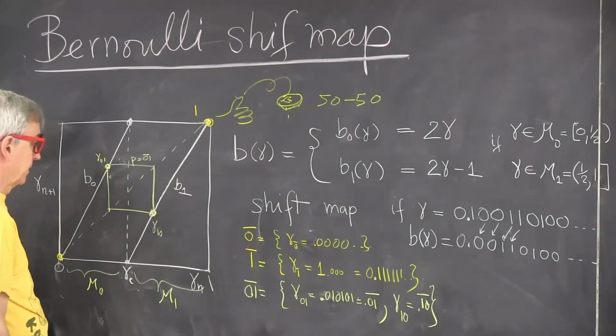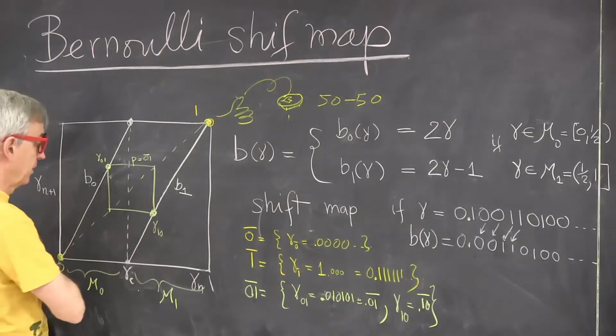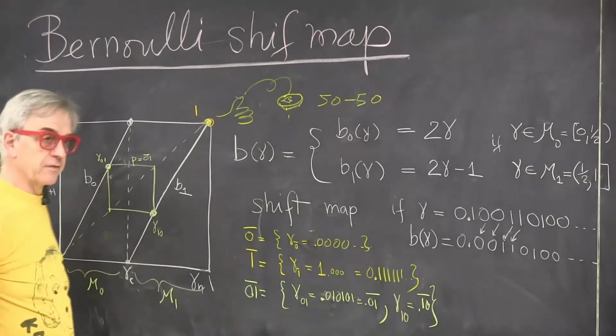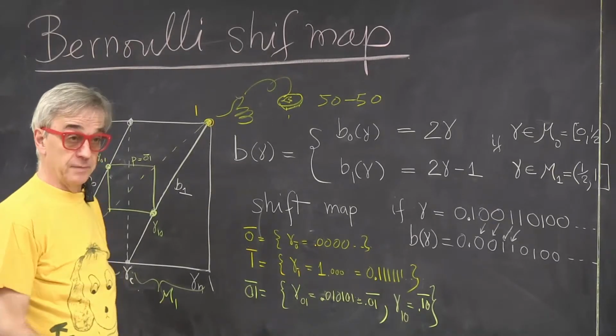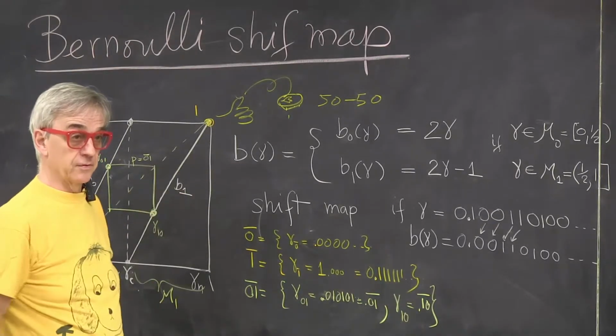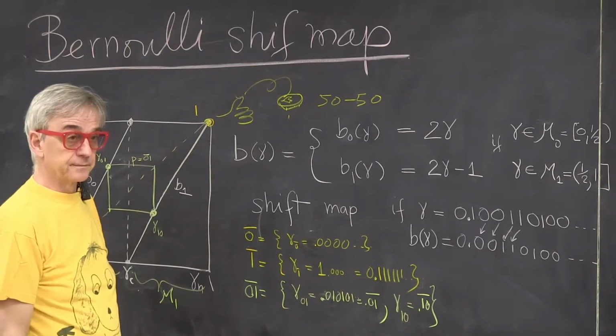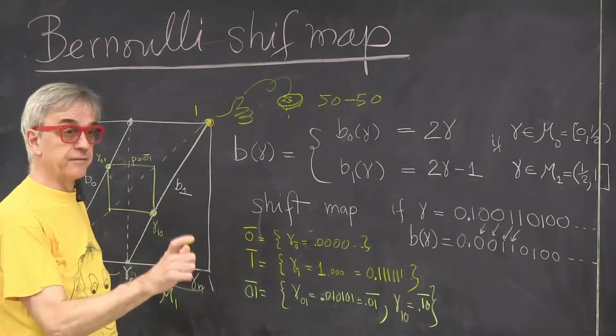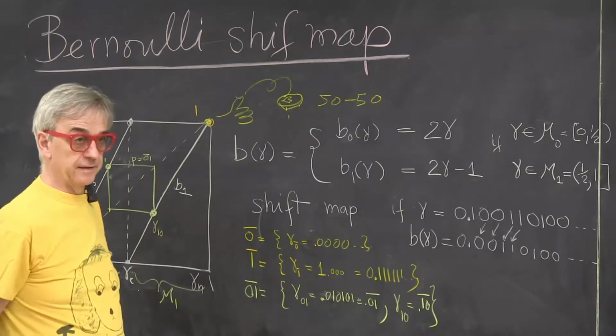You realize everything is allowed. So any possible sequence of zeros and ones will be realized by this map as an invariant, time invariant solution. If it's a finite block repeated, you can specify it finitely.